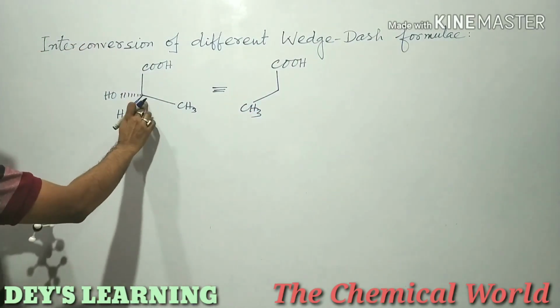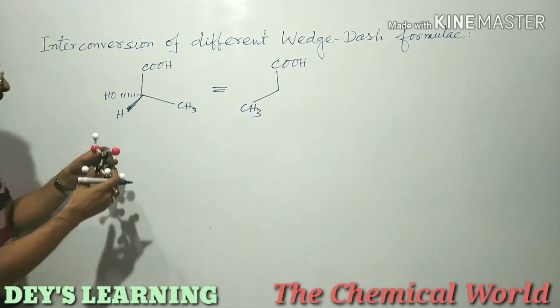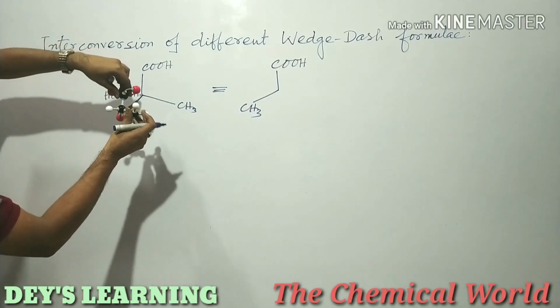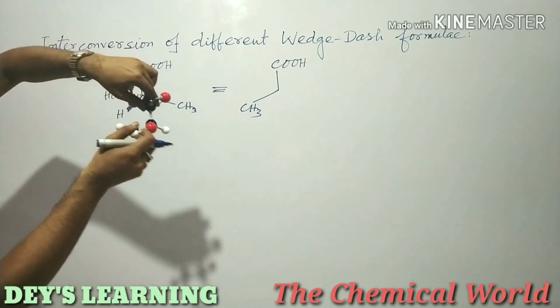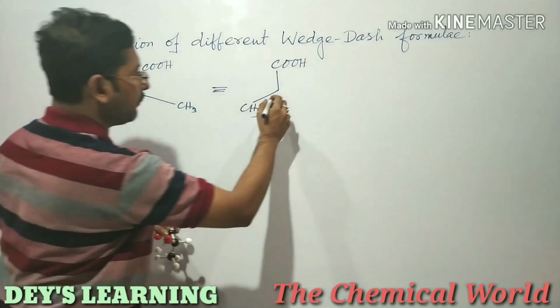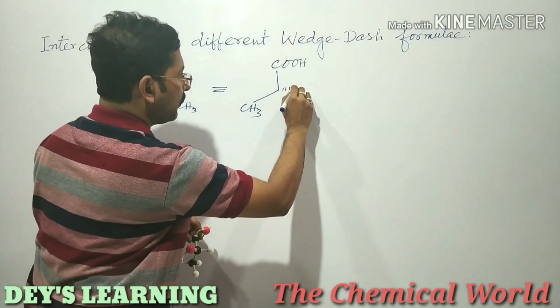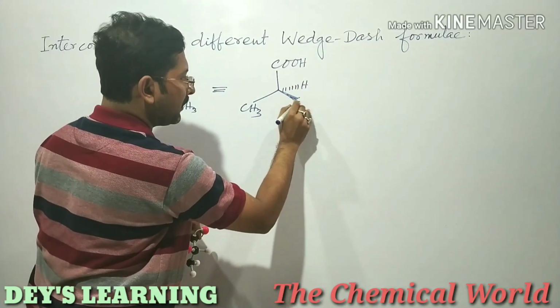Now this CH3 turns in the right, now this CH3 bends at the left. If you just rotate this molecule, now this hydrogen will go back and this OH group will come at the frontal bond.